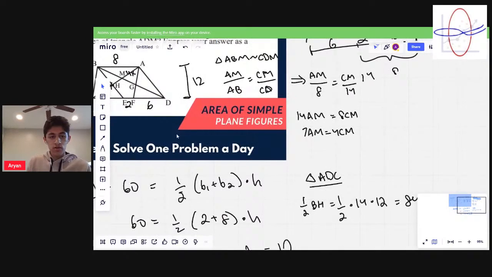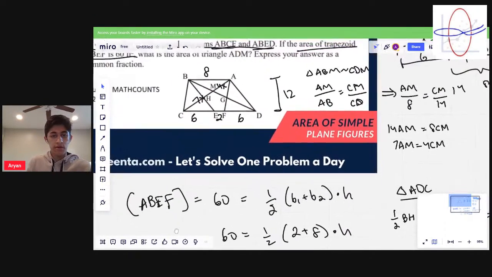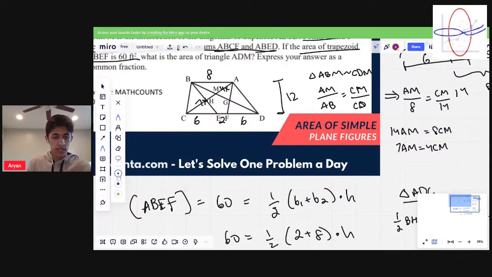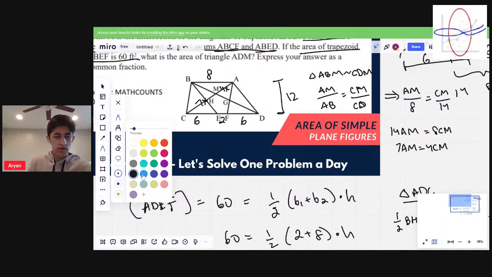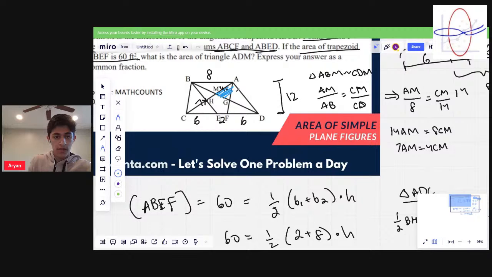Now, if I look at triangles AMD, that's this triangle right here, what we want to find, and this triangle right here, CMD.